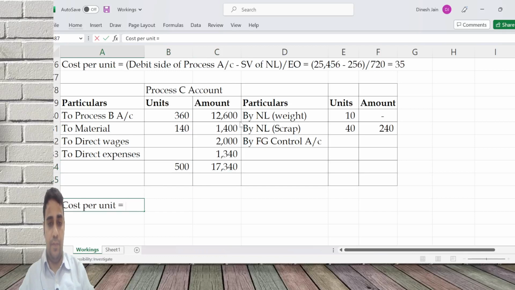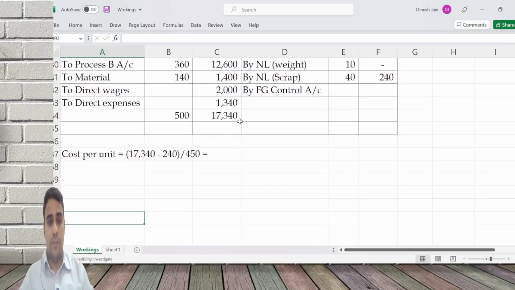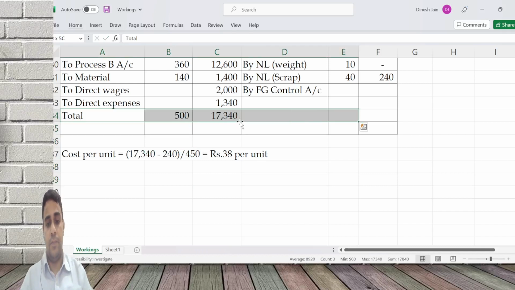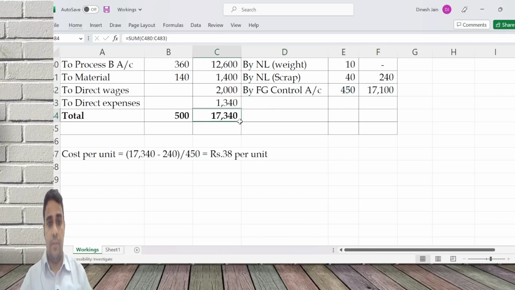Cost per unit is equal to 38 per unit. So this is a slightly different type of question in process costing. Any doubts on this, please let me know.